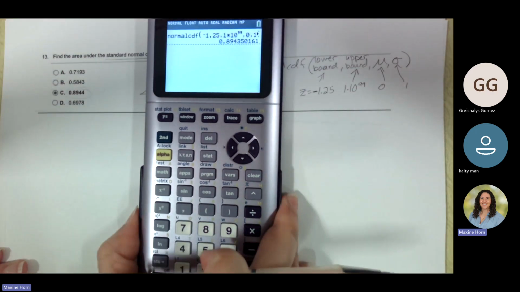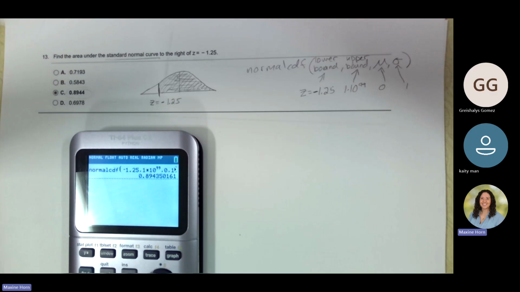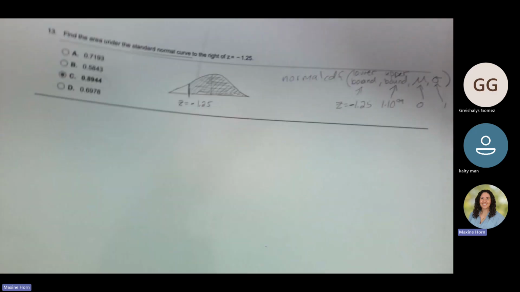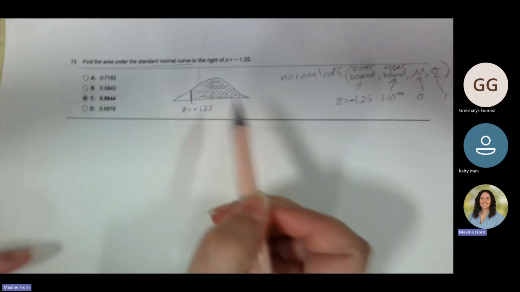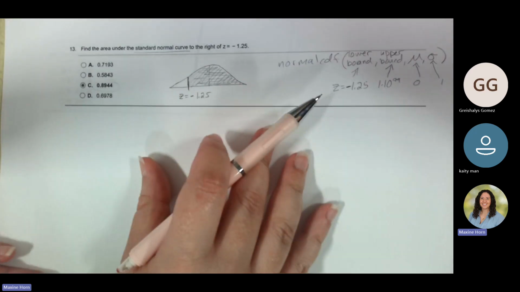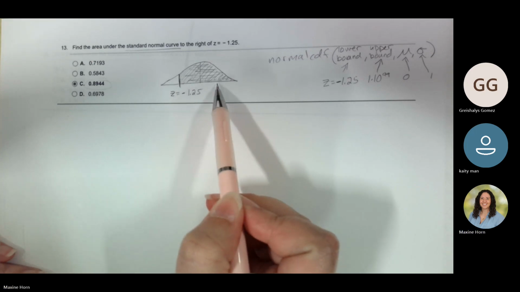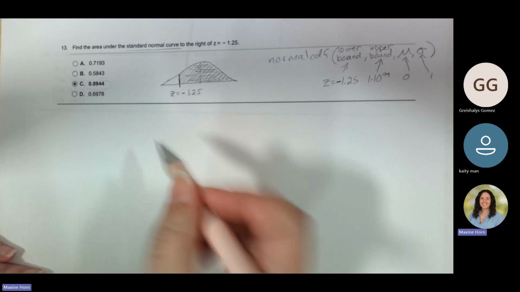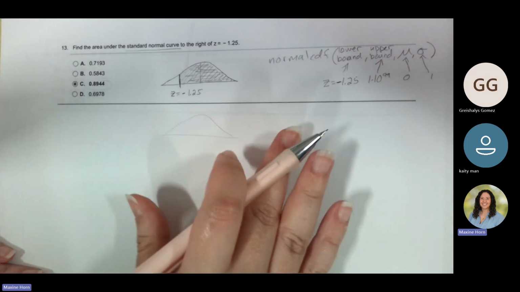And then the last way we can do this is by looking at the chart. Okay, so let me bring the chart back up here. A few ways to do this. Let's pretend we didn't do the previous problem and we're doing this problem fresh.